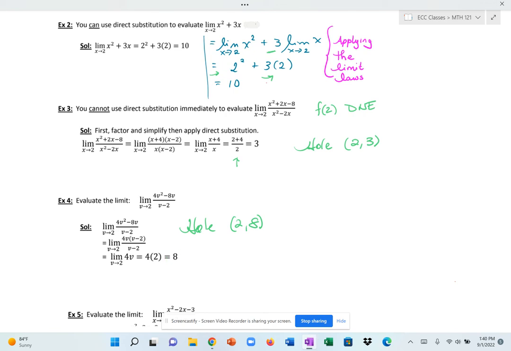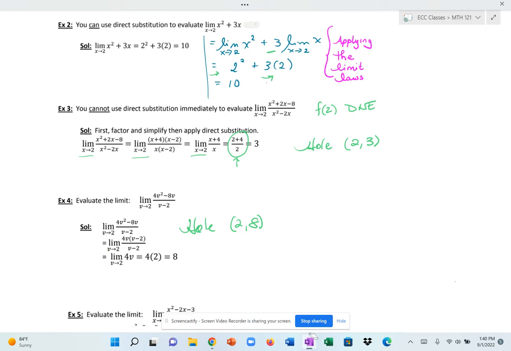Okay, notice in both example 3 and 4 that you write the limit in front of the expression the whole time that you are simplifying. You stop writing the limit when you do the direct substitution. So I have a limit here, I have a limit here, I have a limit here. But when I plugged in 2 for the variable, then you no longer write the limit.